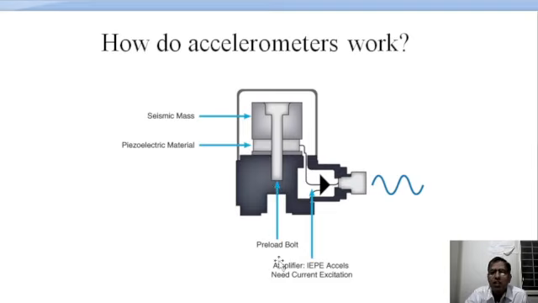Whenever this preloaded bolt comes in contact with the vibrating surface, it exerts a force on the piezoelectric material, and because of the characteristics of the piezoelectric material, it converts that force into a charge. That charge is given to the charge amplifier, which is built into the IEP type accelerometer, and the charge amplifier amplifies the signal and gives the output for further measurement.